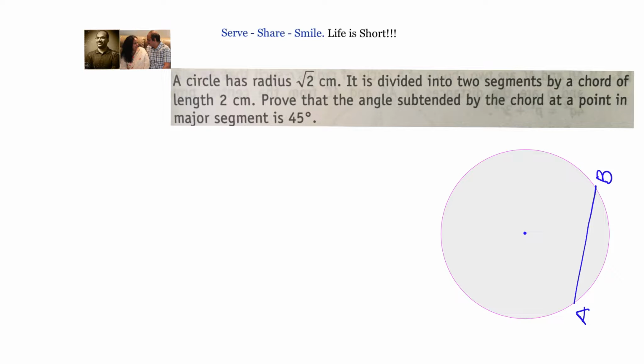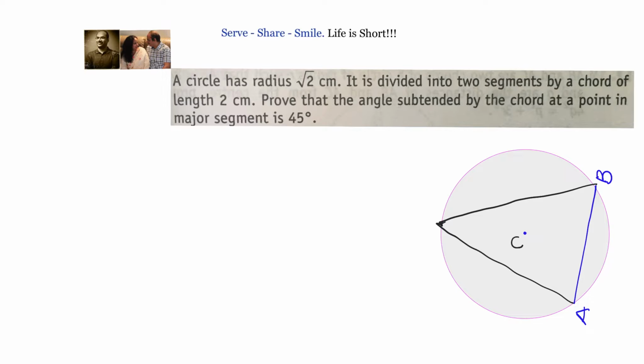We have to prove that the angle subtended by the chord at any point in major segment is 45 degrees. So I have to prove that this angle here is equal to 45 degrees. That is what we need to prove.